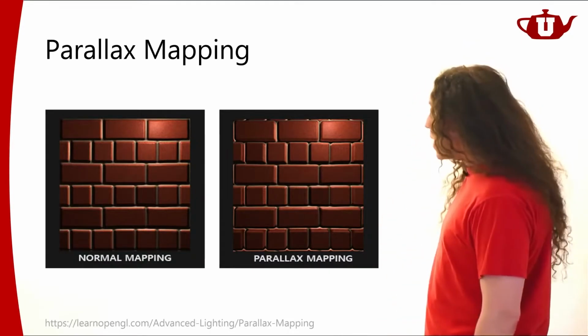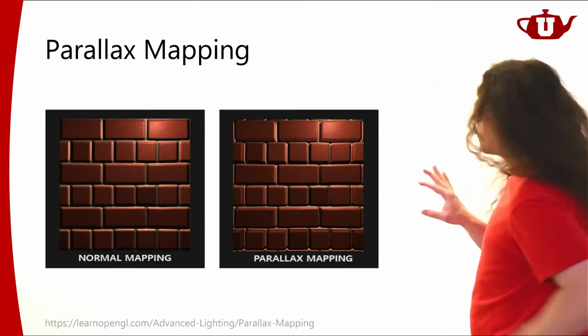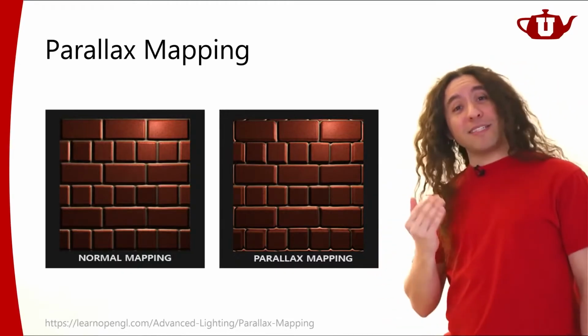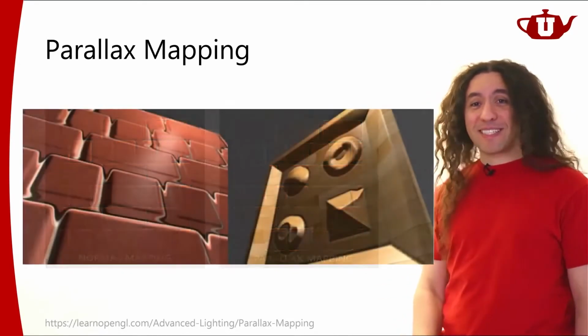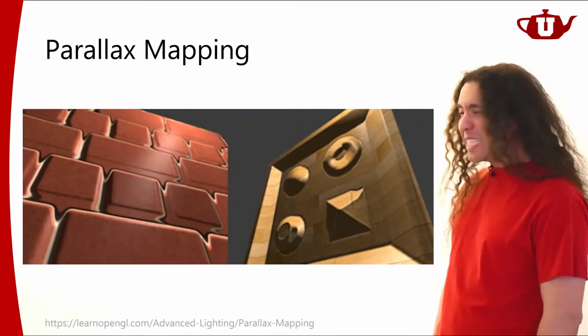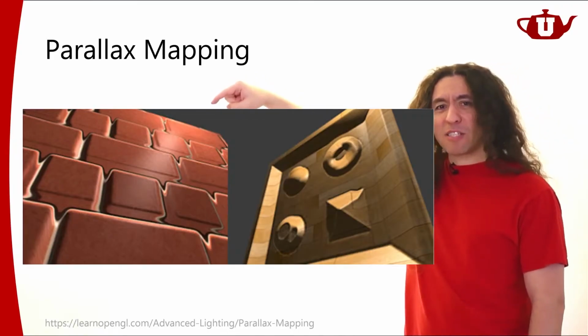Now, this approximation is actually pretty good and okay if you're looking at the surface head on like this. But if you start to rotate this surface, it's not going to look that great. I mean, it still looks like something, it's not just normal mapping, right?